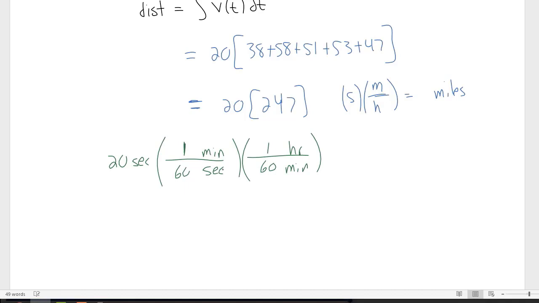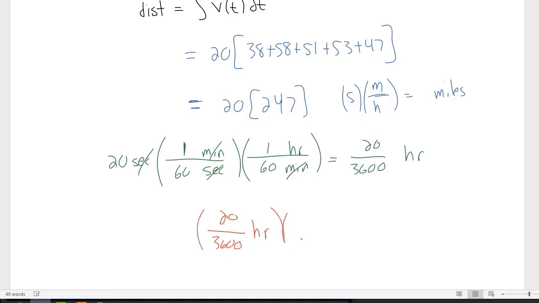So the seconds would cancel, the minutes would cancel, and I would end up with hours. So 20 divided by 3600 would be the conversion in terms of hours. I'm going to switch to red, so my 20 seconds is really 20 over 3600 hours.